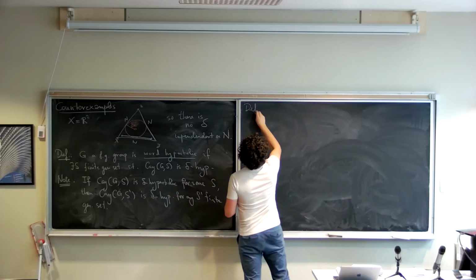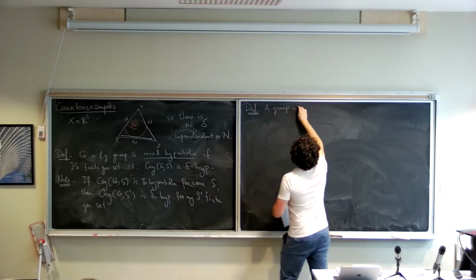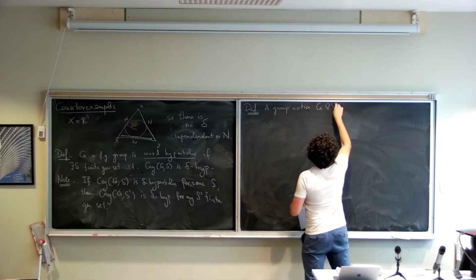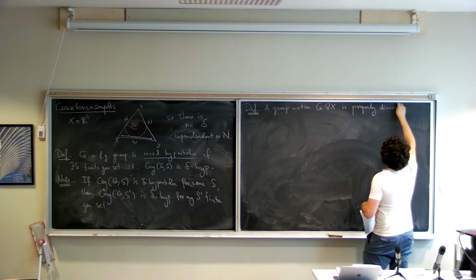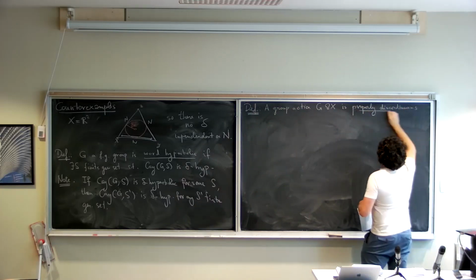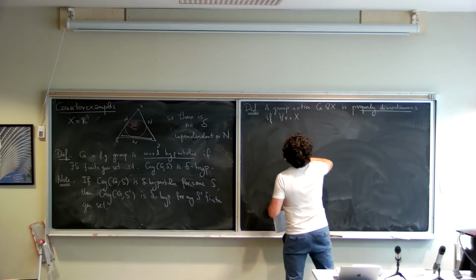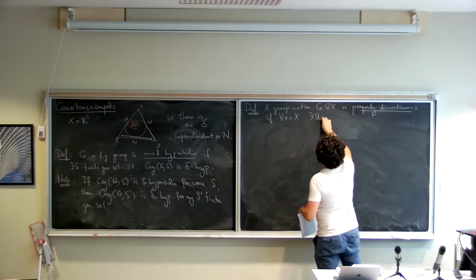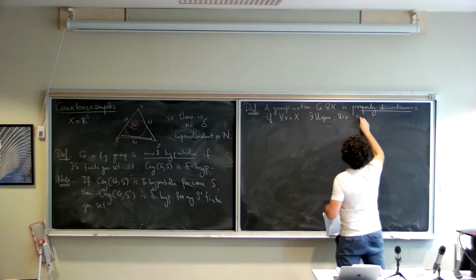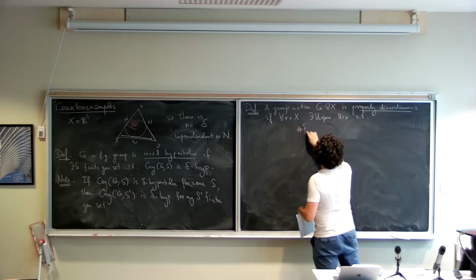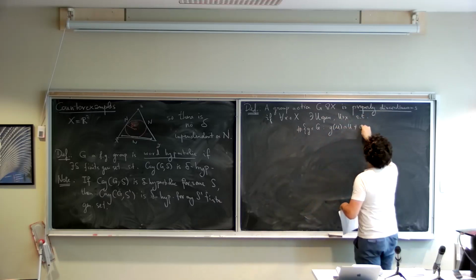You can recall that a group action of G on X is properly discontinuous if for every x in X, there exists some open set U containing x such that the number of g in G such that gU intersects U is finite.